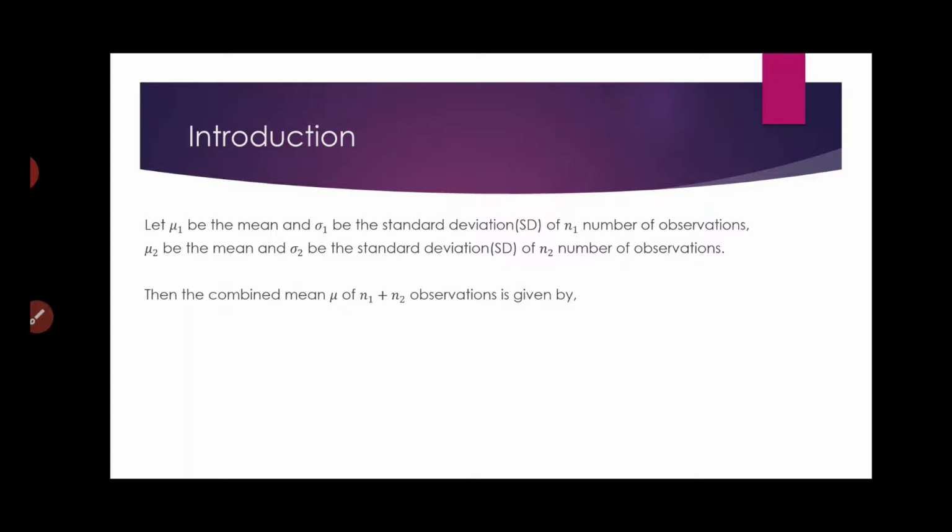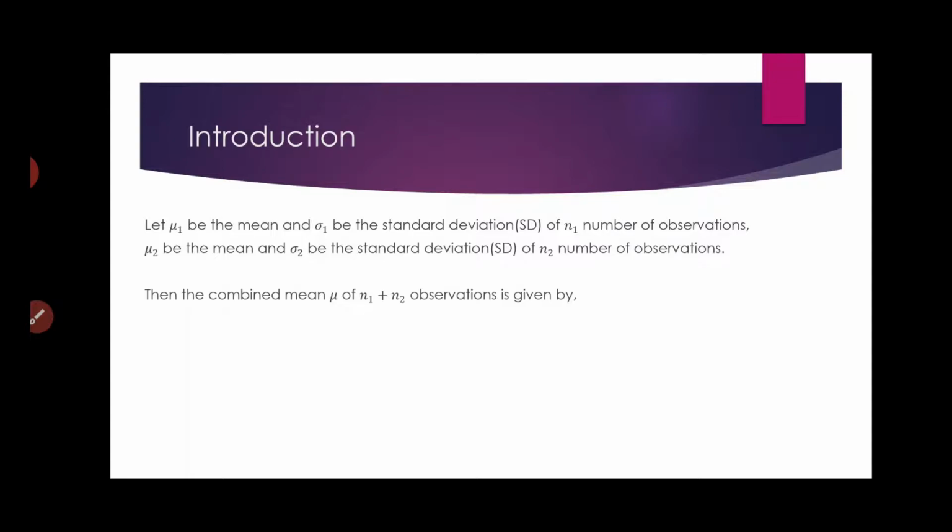say for example I am collecting the weights of the students from 11 science and I have found the mean, and I am collecting the weights of students from 11 commerce and I am finding the mean. So the data of weights from 11 science, that is your n1.